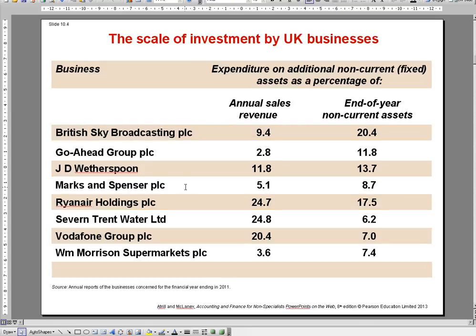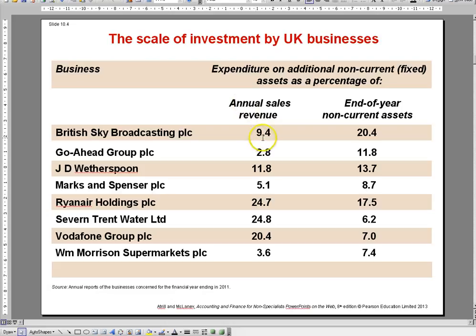Here's an example of businesses and the amount of expenditure they make. This is for the year 2011. So expenditure on non-current fixed assets, that's our plant, buildings, machinery, stuff like that, as a percentage of sales.